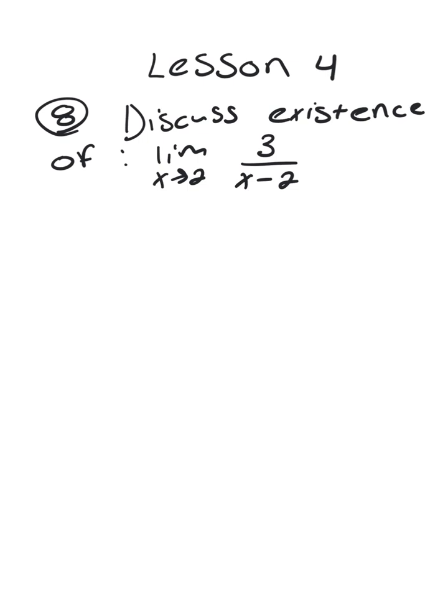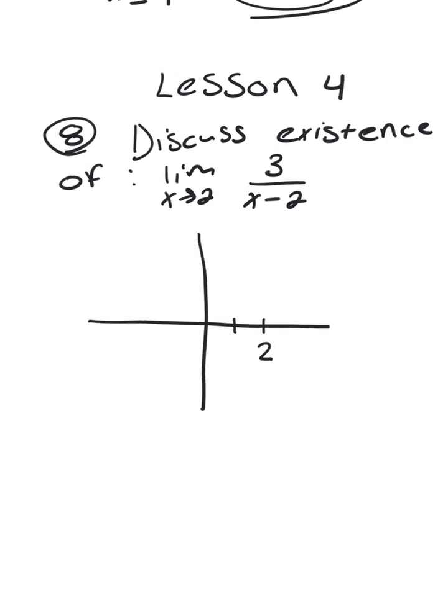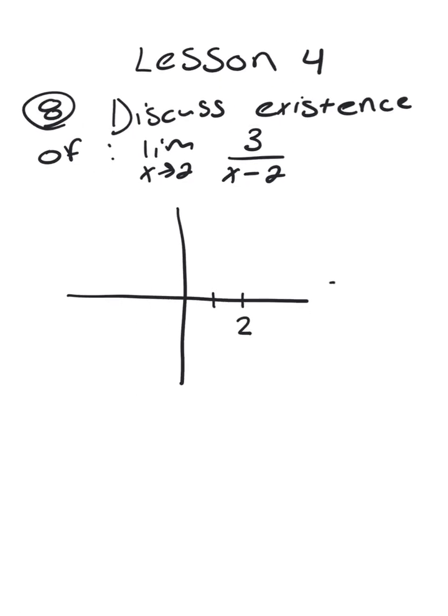Here we are, lesson 4, problem 8. And to begin with, we must first understand that through graphing this limit here, we will never reach the point x equals 2. Let's say x equals 2 here. Since we're approaching from the positive side, we have to go from the left up.